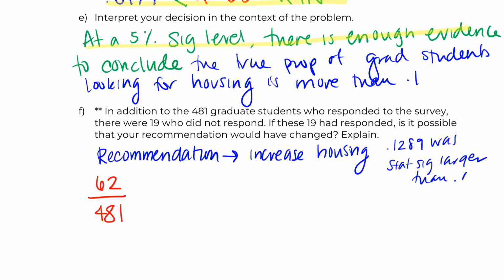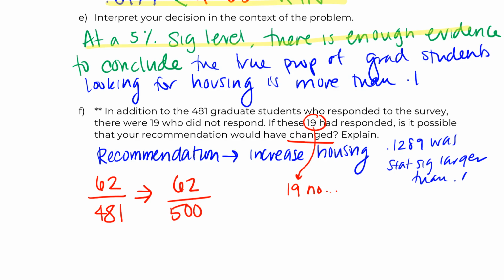So the question is, would we change our decision? So the only way that these people would change our decision is if they gave us evidence in the other direction or less evidence than we had, right? So these 19 people, what would have needed to be true about them is these 19 people had to say no, right? And in that case, we would have converted this value to 62 out of 500 instead, right?